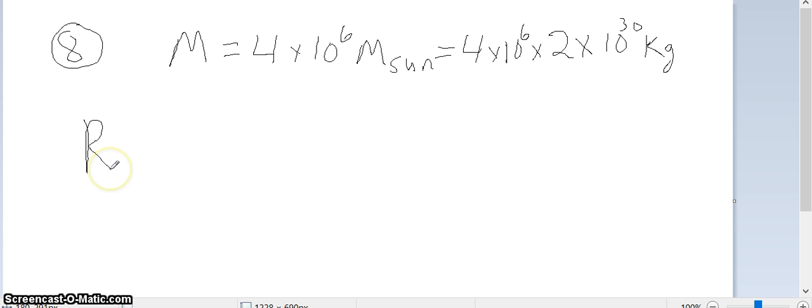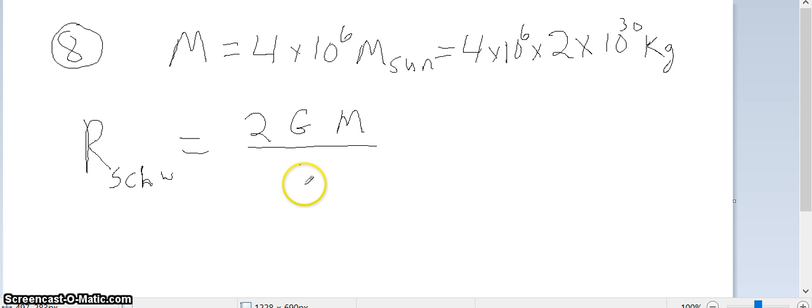And so just to remind us, our Schwarzschild radius is equal to... Remember, there's only really one variable, and it's the mass. The Schwarzschild radius is just 2 times big G, the universal gravitational constant, 6.67 times 10 to the minus 11th, times the mass, that's the variable, divided by the speed of light squared.